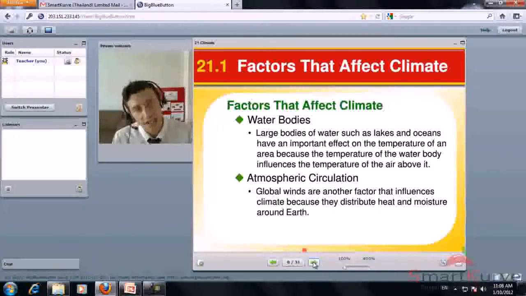Now, part of the reason that they have that warm weather is because they have warm water coming up from the southern part of the Atlantic Ocean. And that's a stream of warm water that we call the Gulf Stream.